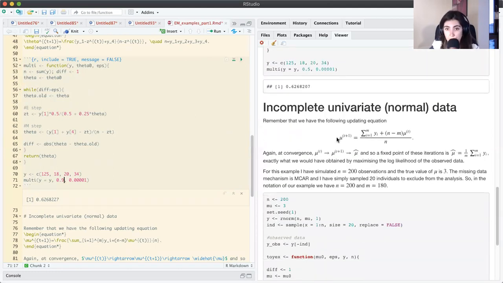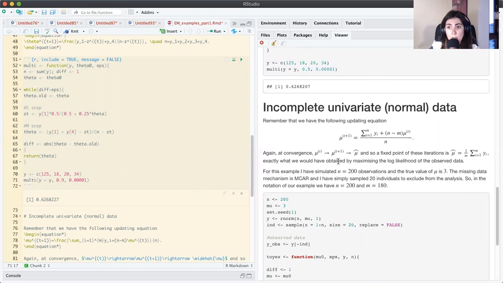So finally, this is very similar to the first example that we have seen, the incomplete univariate normal data example, where we had one variable. Observations follow a normal distribution with mean mu unknown that we want to estimate, and sigma squared, the variance, which we assumed to be known.